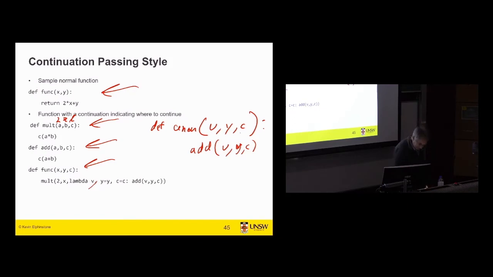Okay? So we call the lambda function with the result of a times b. So the lambda function takes the a times b, and we've got y and the original continuation, and it calls add on effectively 2 times x, b, which happens to be y, and the original continuation that was passed into the function.